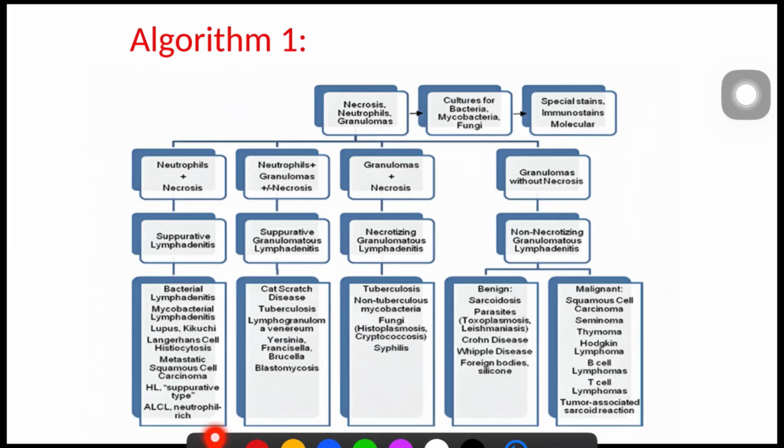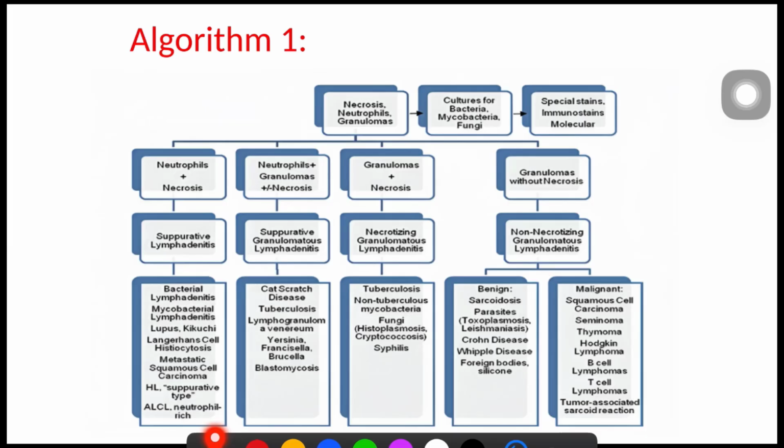Now, granulomas without necrosis indicate non-necrotizing granulomatous lymphadenitis. If we consider benign disease, then sarcoidosis, parasites, Crohn's disease, Whipple's disease or foreign bodies such as silicone can lead to granuloma without necrosis.